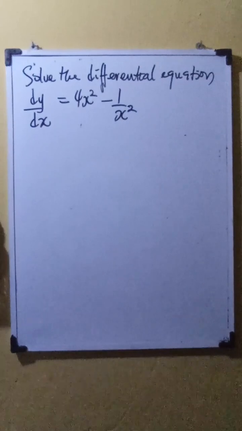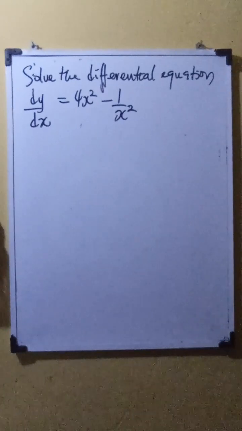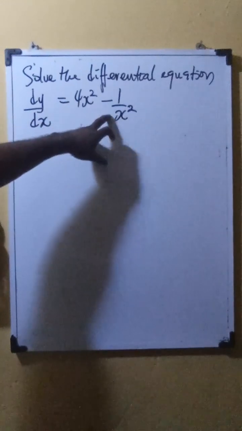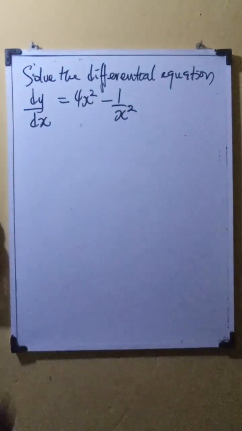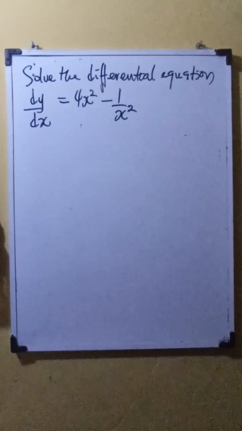This is a very beautiful one, and I want you to look at it very carefully. So this is 4x squared minus 1 over x squared. What you are going to do here is see that this is different from this. I'm going to show you a very simple way to handle this.